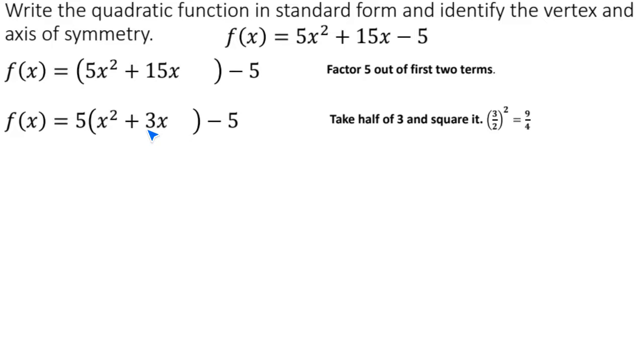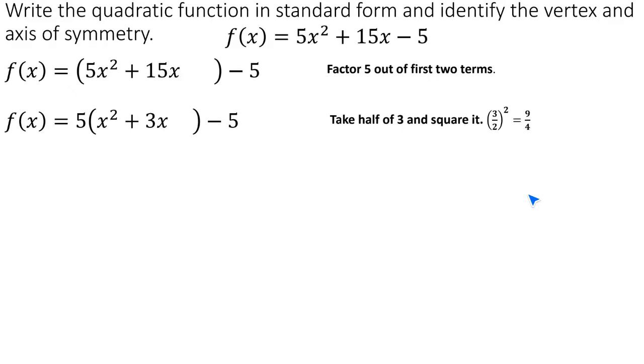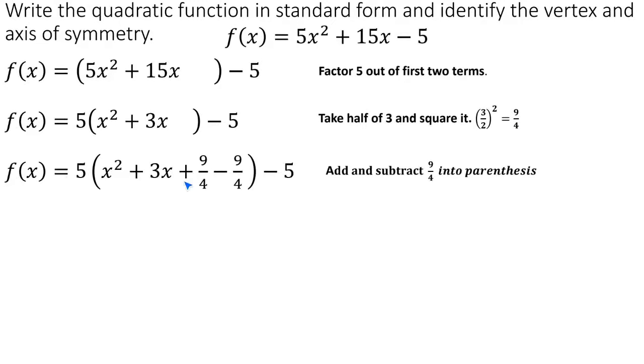So I'm going to leave it as a fraction just for now. So 3 divided by 2, that gives me the half. And then I have to square it. So if you square 1.5, you can square that or leave it as a fraction. So 3/2 squared is 9/4. So that's still okay. Now I need to add this 9/4 and subtract it in the parentheses. So I have 9/4 minus 9/4.